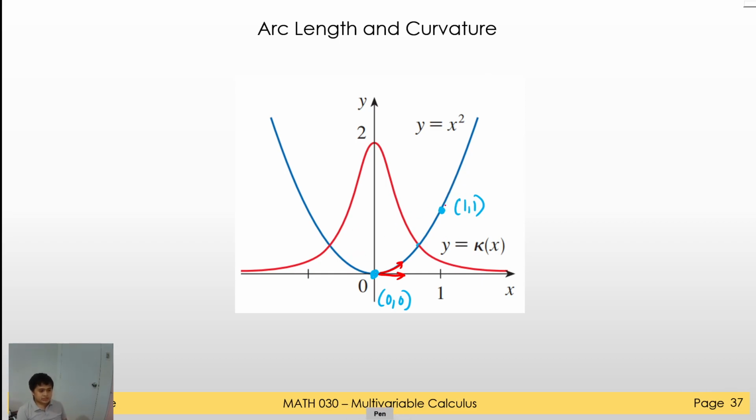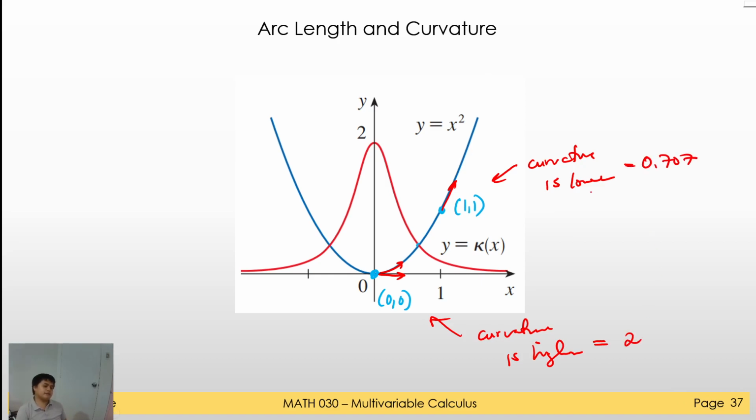As you can see here, this is almost a straight line. Therefore, the curvature is lower here compared to this one. Curvature is higher here. So this is equal to 2, and this is equal to 0.707. Okay, so that's it.